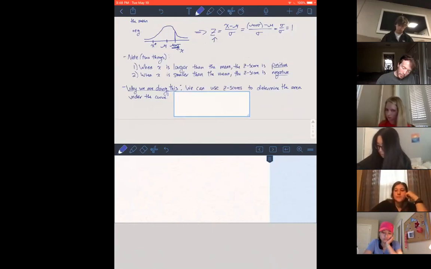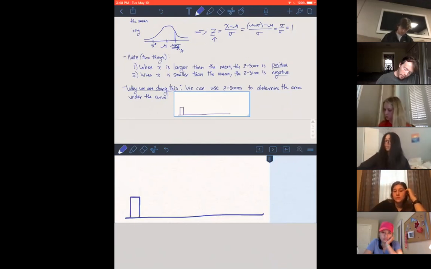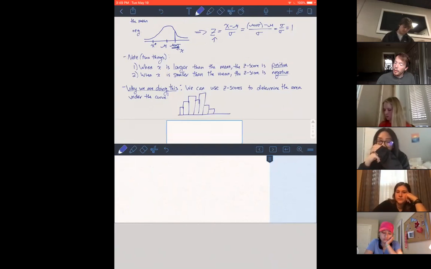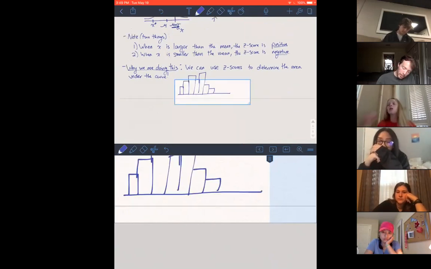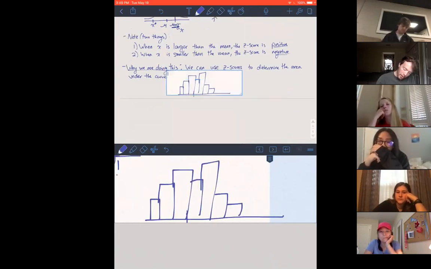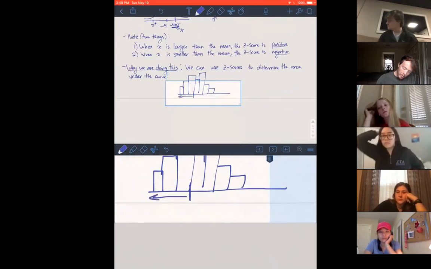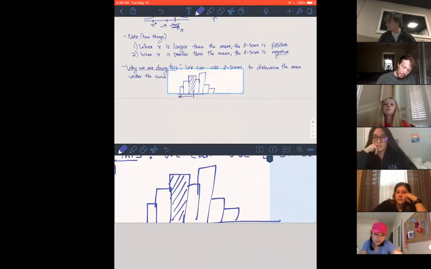So recall when we were working with our scaled histograms, the area under a curve was pretty easy. If we wanted to know the area from here downward, all we had to do is calculate the area of the bins.